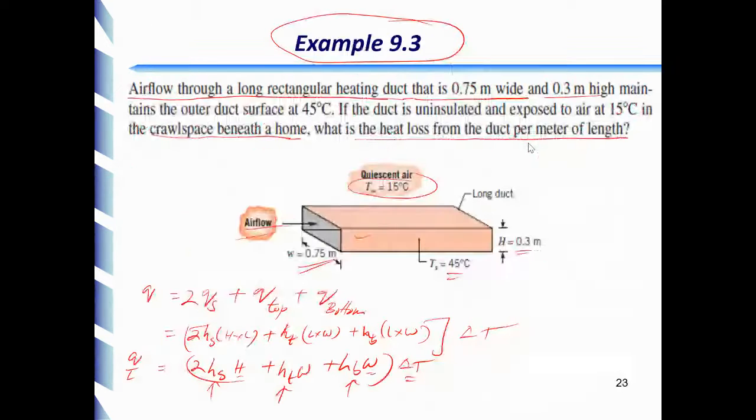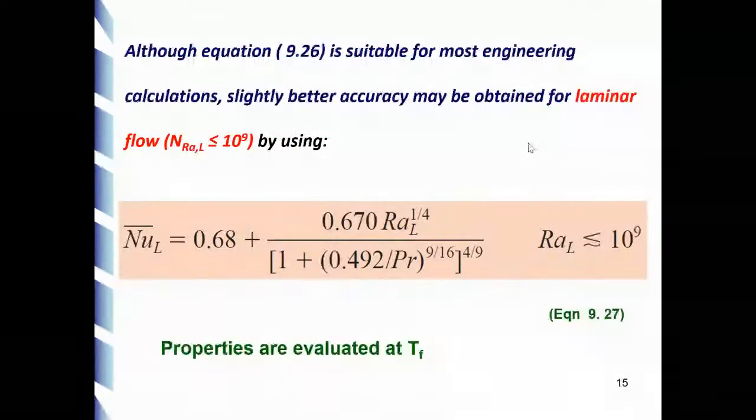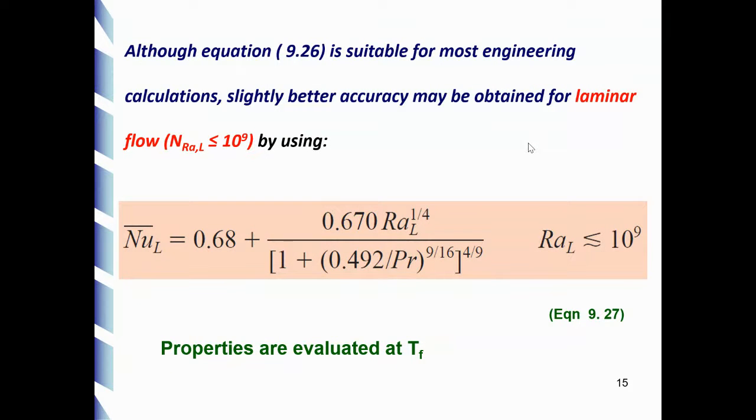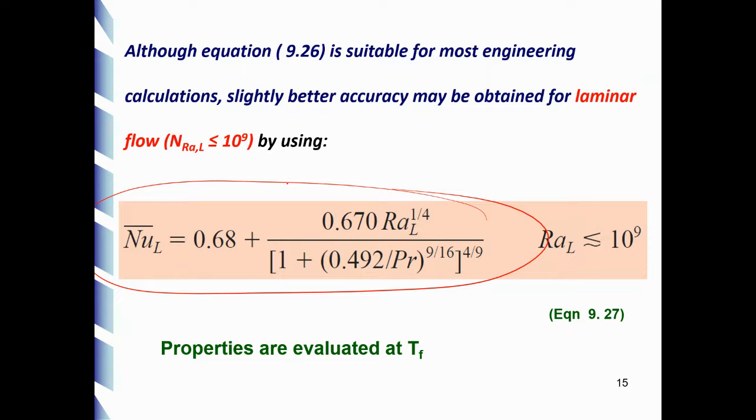Vertical surface, laminar flow. So for a vertical surface with laminar flow, this is the more accurate equation, suitable for most engineering calculations, with relatively better accuracy. So we can use this equation.